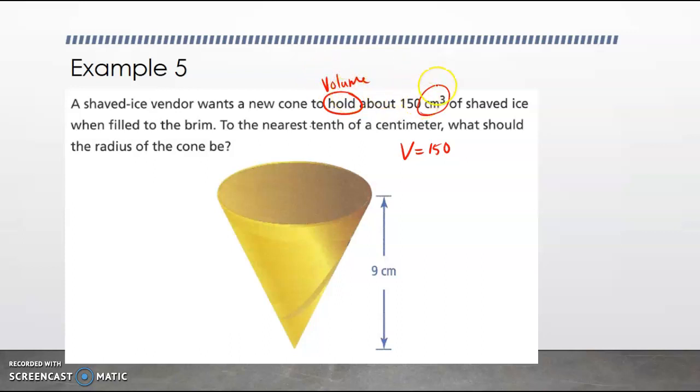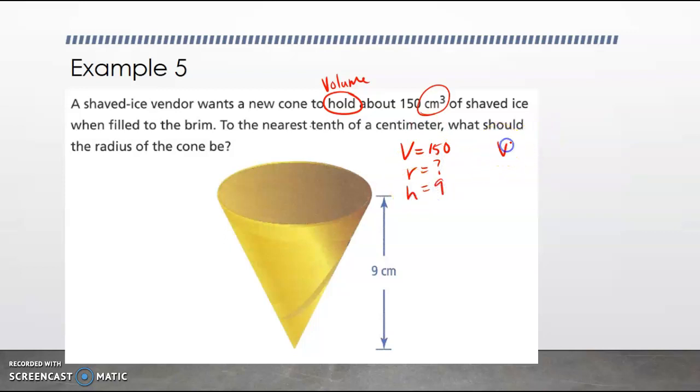So either of those two things tell us that 150 is a volume of shaved ice when filled to the brim. To the nearest tenth of a centimeter, what should the radius be? We don't know the radius, and we know that the height is 9 centimeters.